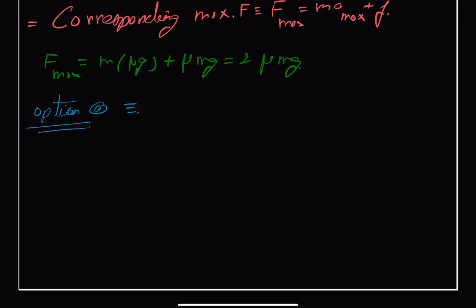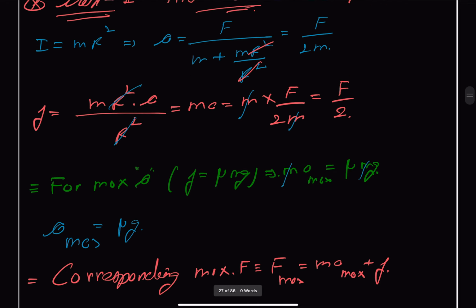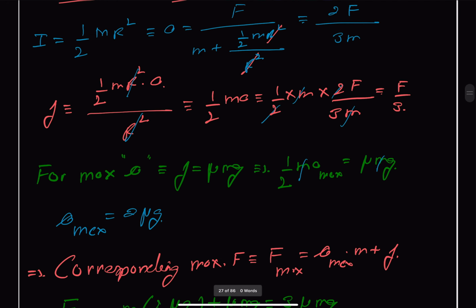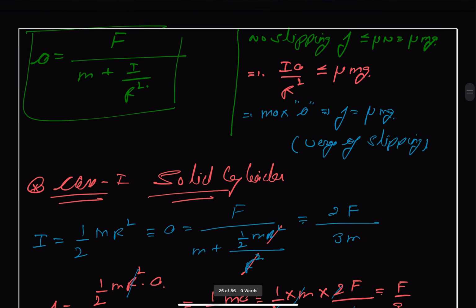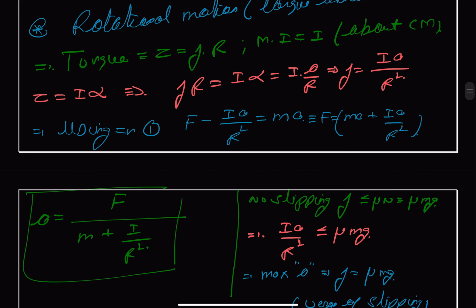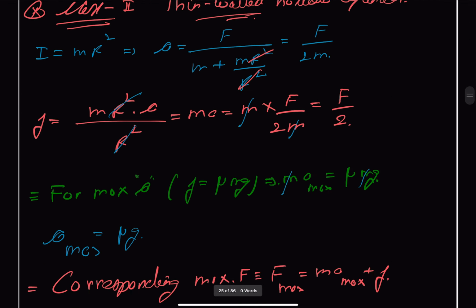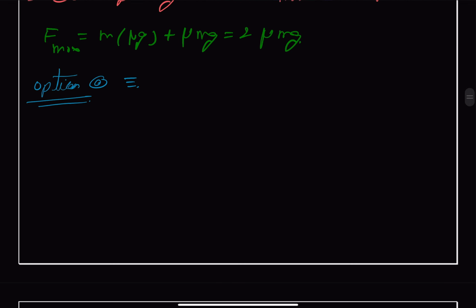We calculated the formula also for our F. So frictional force F is our I multiplied by A and divided by R square. So we know that our F for pure rolling is IA upon R square. And we also know that our A is dependent upon the force. Okay.